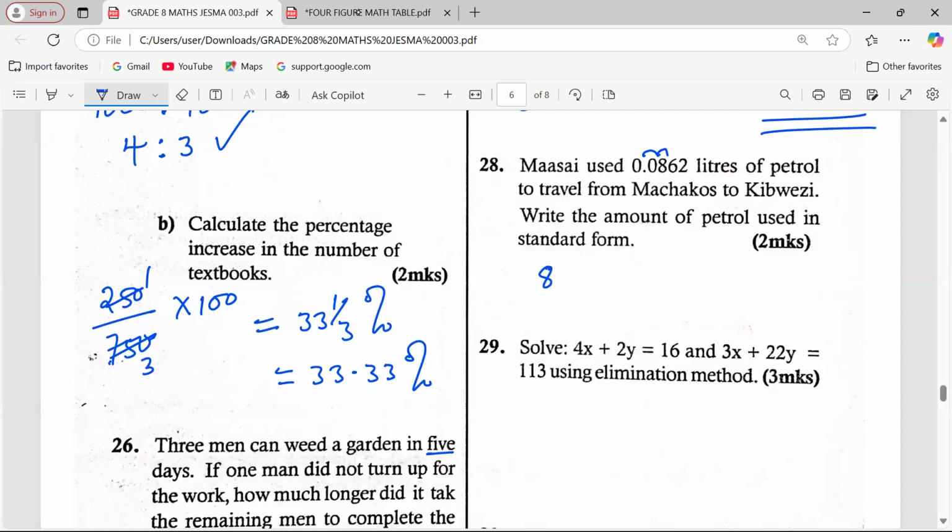So that we get 8.62. Now that we are moving to the right, it should be 10 to the power of -2. If we had to move to the left so that we may find only 1 number remaining, we would have put times a positive power, liters.